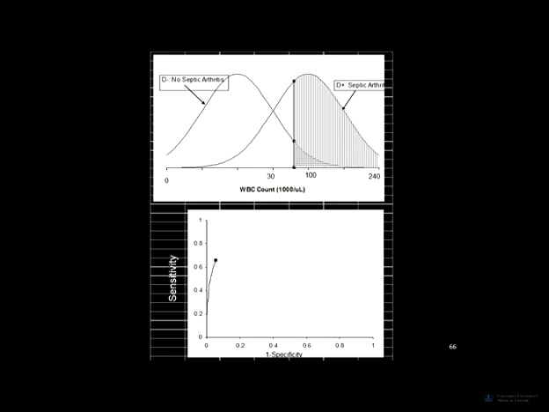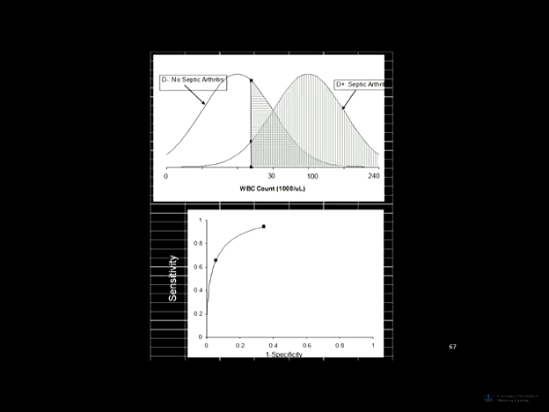And what that means down here in the lower panel is increasing sensitivity, increasing the probability you'll identify someone who truly has a disease, and on the bottom is 1 minus specificity. So as you go to the right on the x-axis, you increase the number of false positives. So by setting this relatively high white blood cell count threshold, I've identified a lot of people with the disease without gaining a lot of false positives of people without the disease.